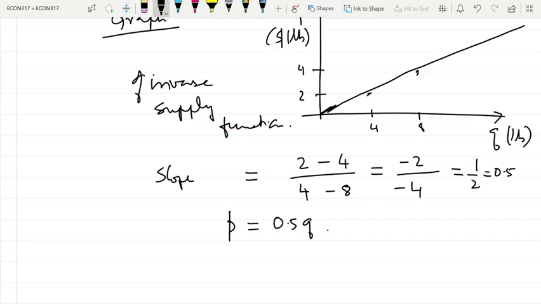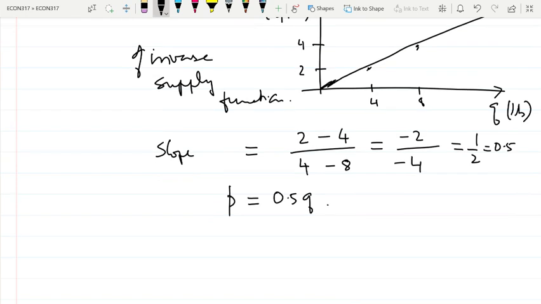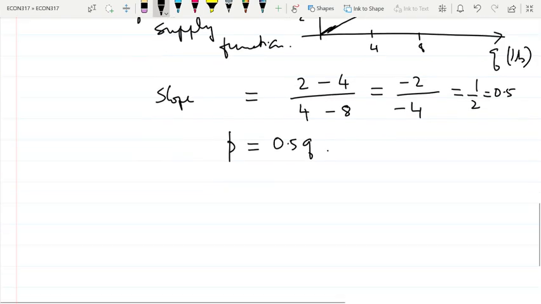If we have the table given to us and we assume the relationship between price and quantity to be linear, we can draw a graph. Graph we can draw independent of whether we have a linear relationship assumption or not, but with a linear relationship we can also write down a mathematical formula.